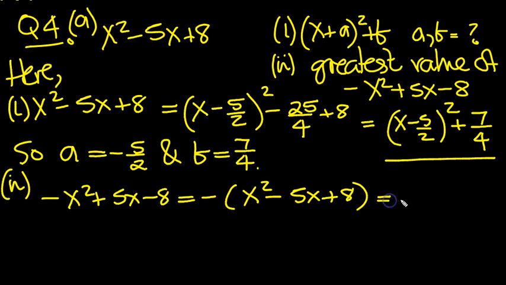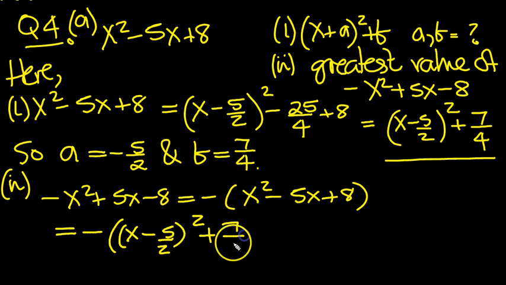I can write that as equal to minus bracket, this thing, which is none other than (x minus 5 over 2) squared plus 7 over 4. Now I can expand the bracket, run the minus through, and we should be able to see what's what then.